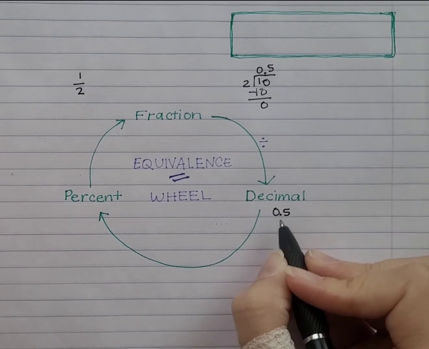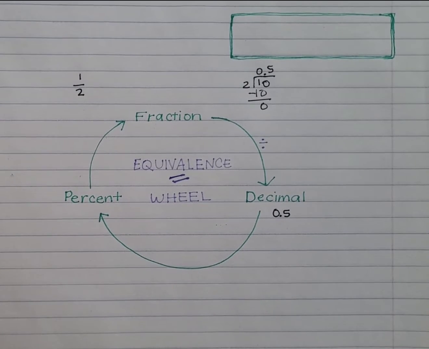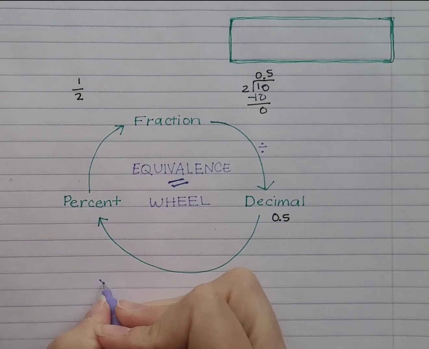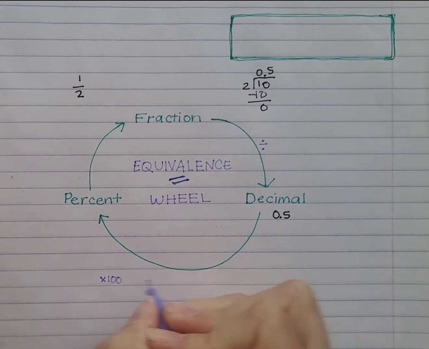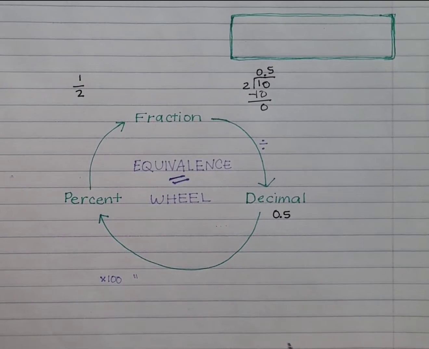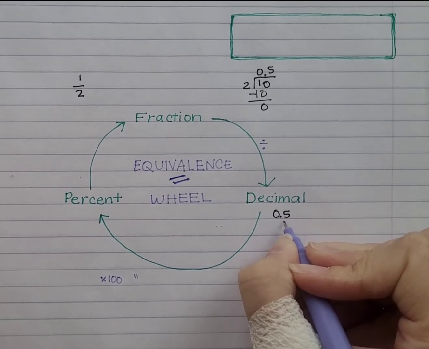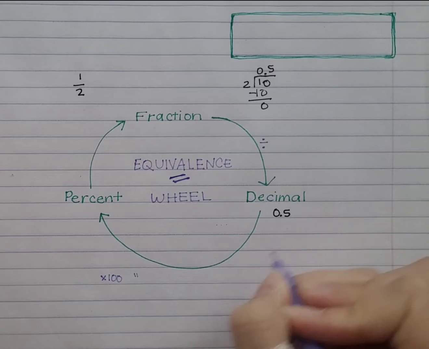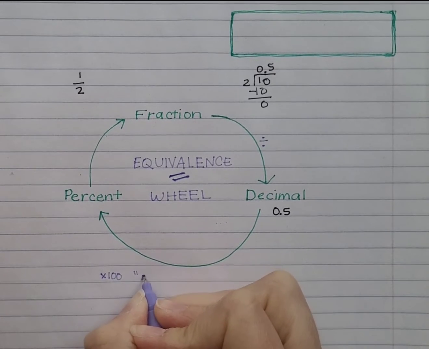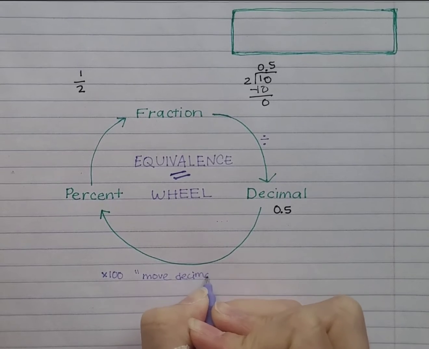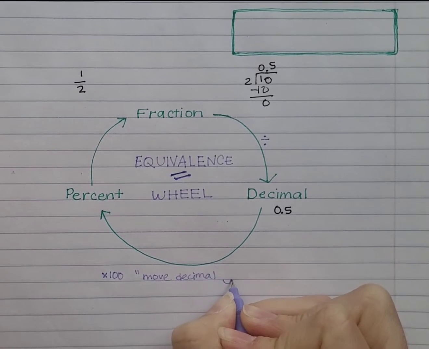Taking our decimal and turning it into a percent, we can either multiply it by 100, or we can simply write it as our decimal place being moved over 2 times. Move the decimal 2 times to the right.